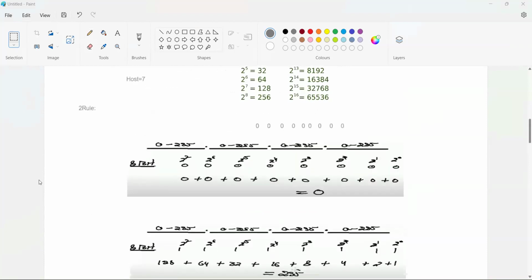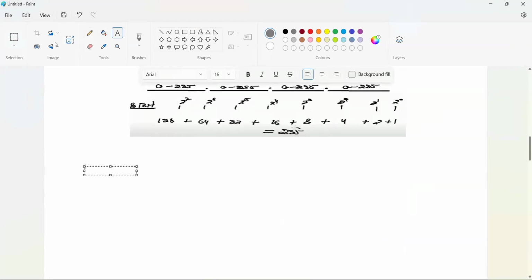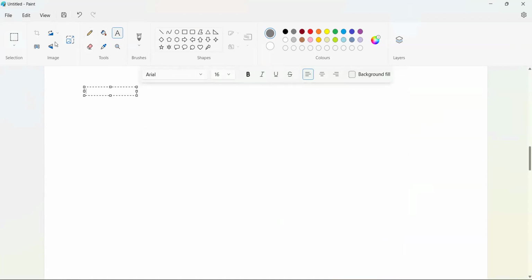Now move to the second rule. What is my second rule? Converted network bits is equal to total host bits minus required host bits.